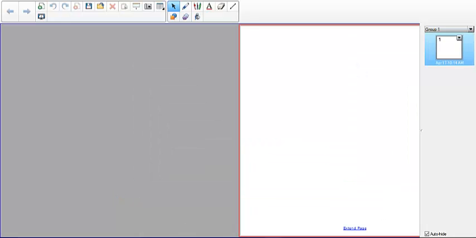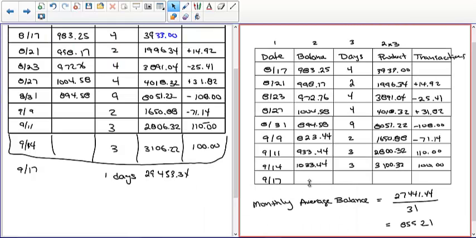Let me see if I can figure out what's going on here. I have 8 numbers. So I've got 2 errors.